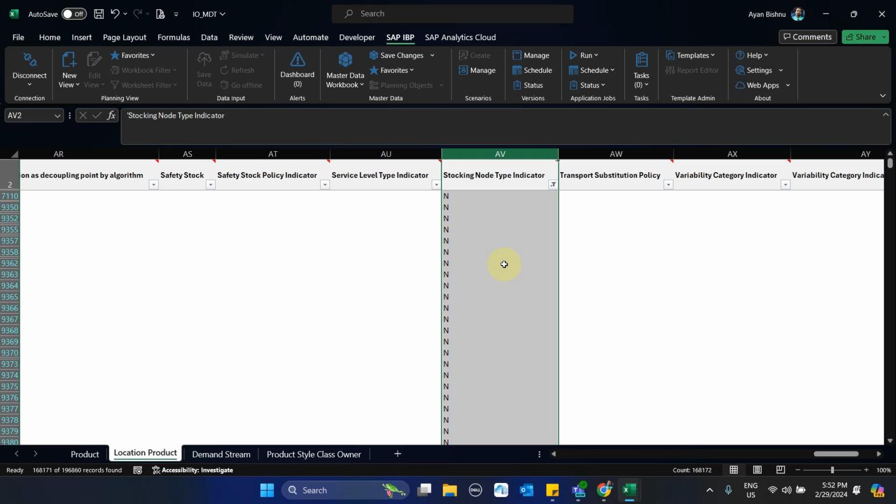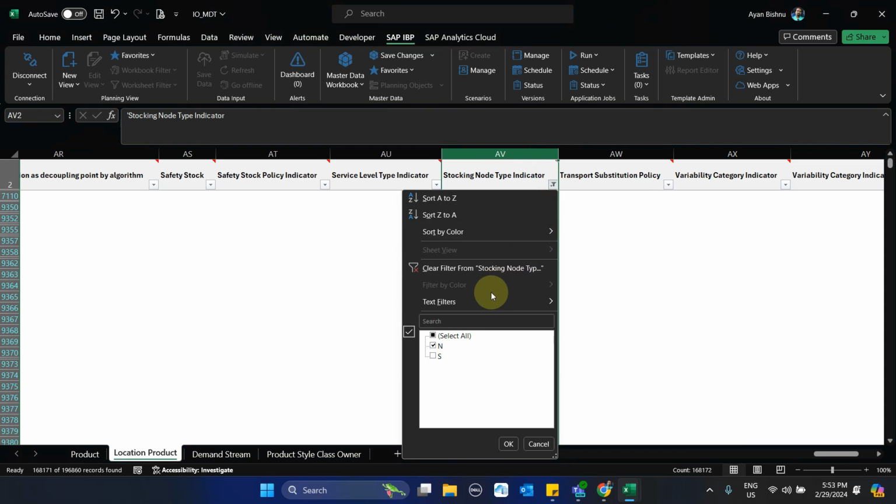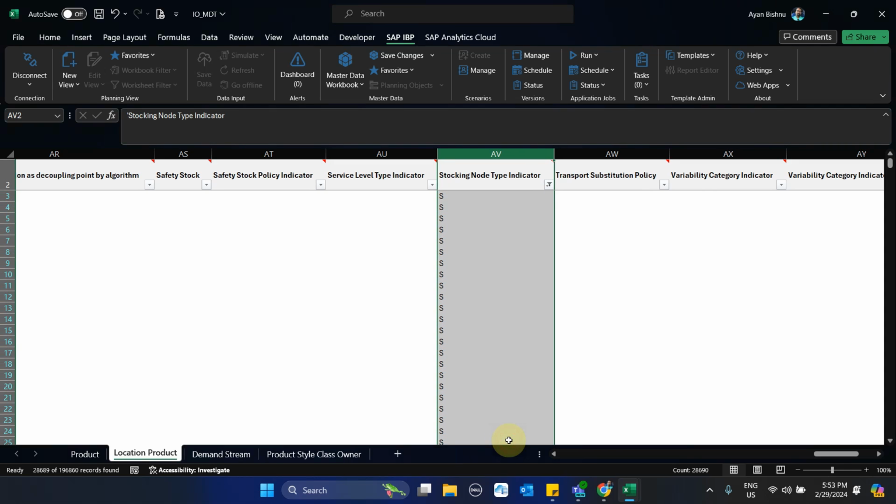Whereas any DCs or remote DCs which directly replenish to customers, or from where we get direct customer demand, for those kinds of DCs it is very important for us to maintain safety stock, and for those we generally maintain the stock node type as S, meaning that I should be planning safety stock for that. So this is one of the very important attributes for safety stock planning.